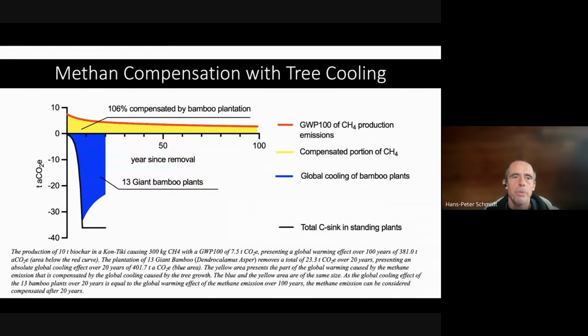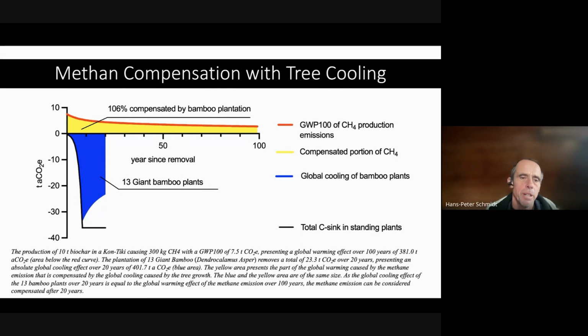The red line is the global warming effect of a methane emission. Now you plant bamboo plants. In this example, you had something like 8 tons of CO2 equivalent for the methane emissions. Now you plant 13 giant bamboo plants, and they have an exponential growth curve.